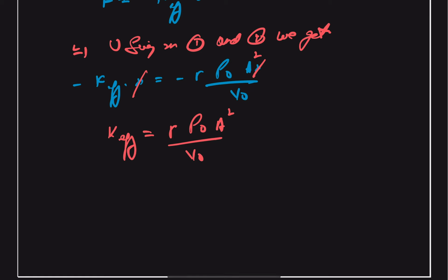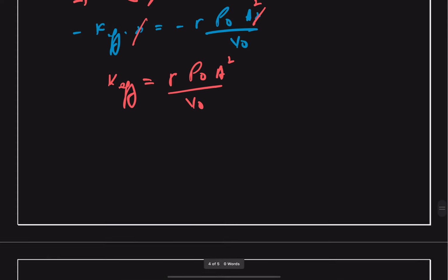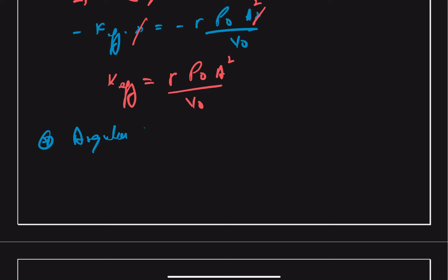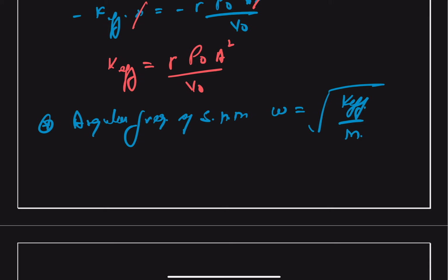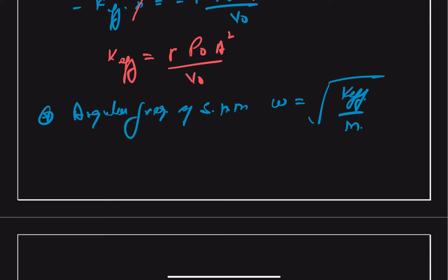And the frequency of SHM, or rather we can say angular frequency of SHM, that is omega, can be given as square root of K effective divided by capital M. We substitute value of K effective, we get that our omega is equal to square root of gamma P naught A square divided by M multiplied by V naught.